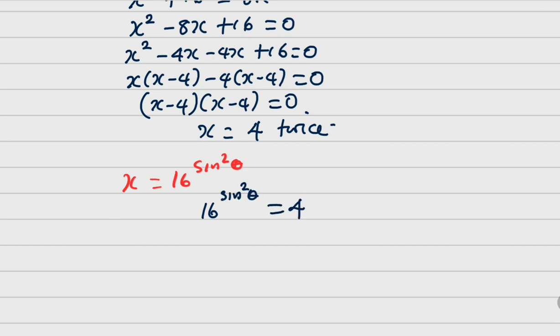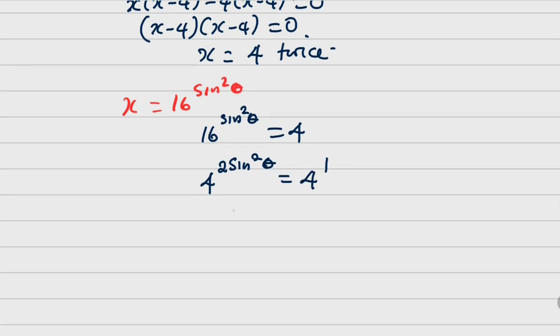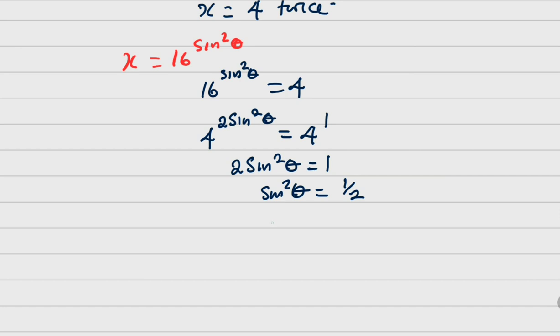You see, we've gone back to the first method now, so that we are going to have 4 raised to power 2 sine square theta is equal to 4 raised to power 1. So we have 2 sine square theta is equal to 1. So sine square theta is equal to 1 over 2. When you square root both sides, you have that sine theta is equal to square root of 1 over 2, sorry, 1 over 2.